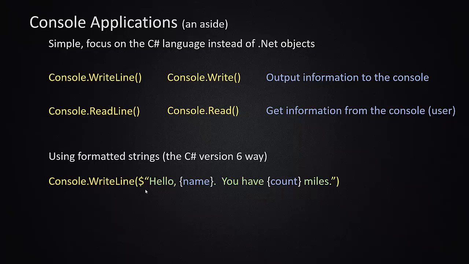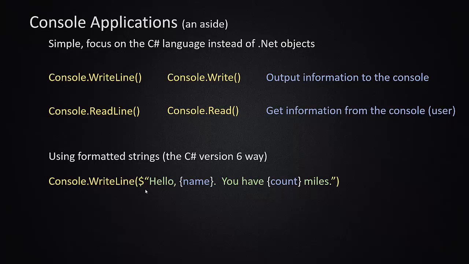Now, the stuff that's inside curly braces, it will not appear. The curly braces will not appear in the output. That's a signal to the WriteLine command that you need to do some replacement. You need to go find the variable called name and put the value of it in here.